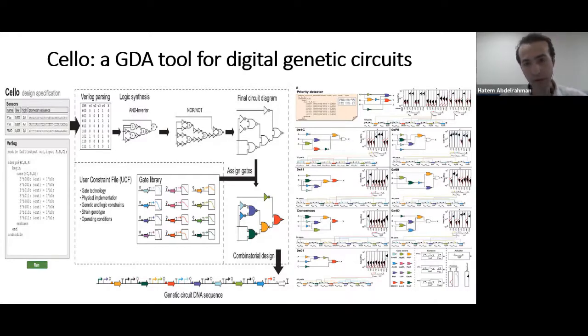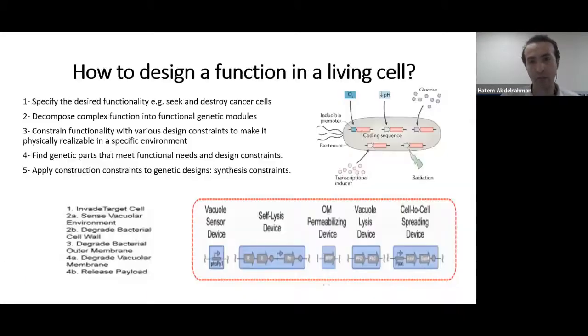So these are examples of digital logic circuits. On the left side, a digital logic circuit designed by Cello, and the simulation of the behavior of these circuits matches their experimental data. So this was a successful example of a genetic design automation tool.